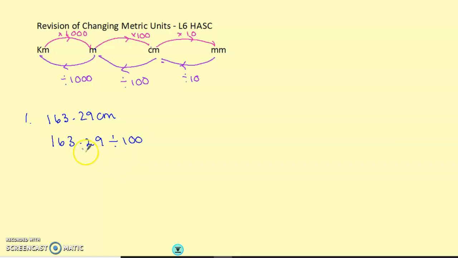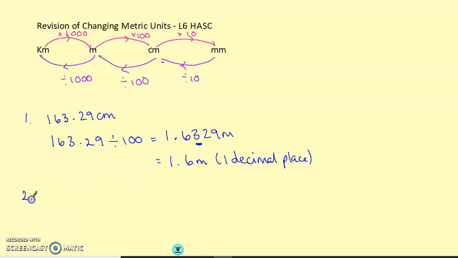It's up to you whether you use a calculator or just move your decimal point back 2 spaces. But either way, we get 1.6329 metres. I want just 1 decimal place, so I'll look to the second number. It's a 3. That means that stays as a 6. So it equals 1.6 metres to 1 decimal place.